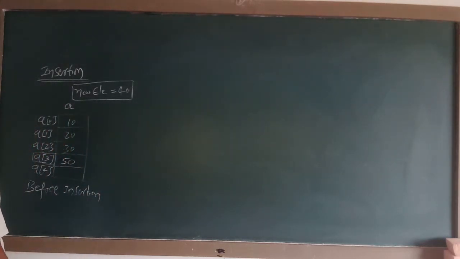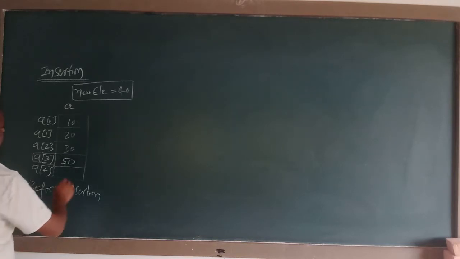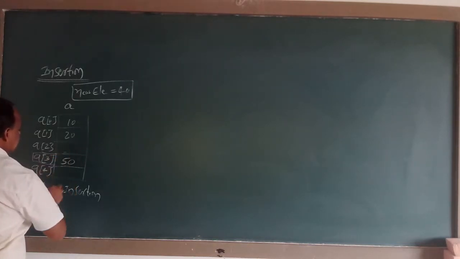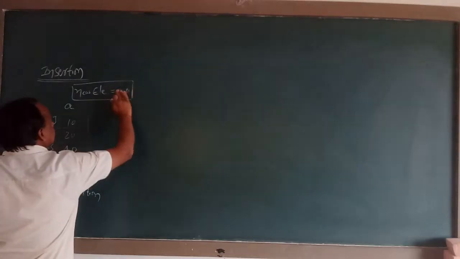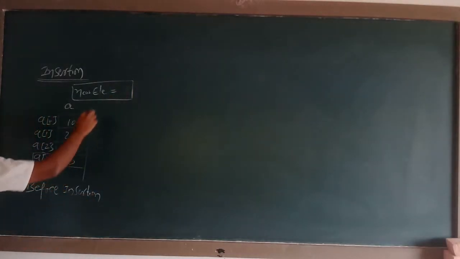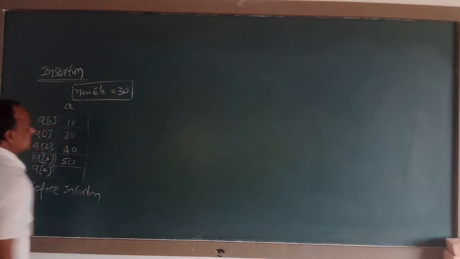Say this is 40, this is 50, and here 30 is missing, right? Then it is very easy to understand.